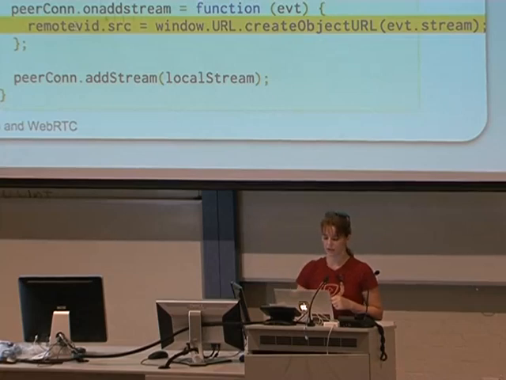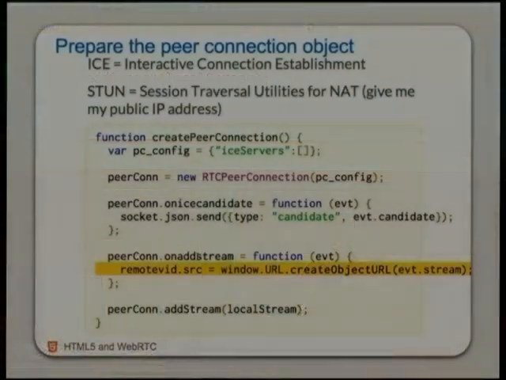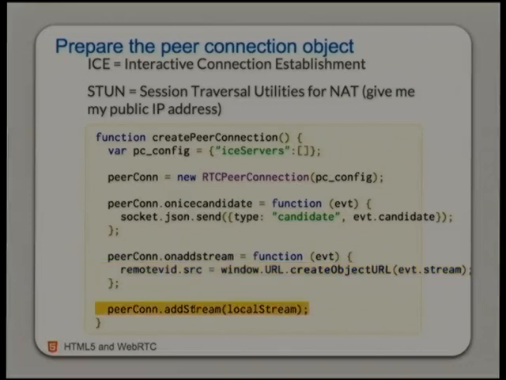It'll happen as I get an add stream event from my peer connection. So I've just set it up to display the remote element. I'm also putting my local stream into my peer connection, so that as soon as it has the connection, it can actually go off and send it. So that's all I need to do to set up my peer connection entity.